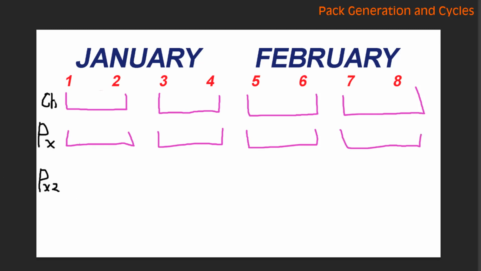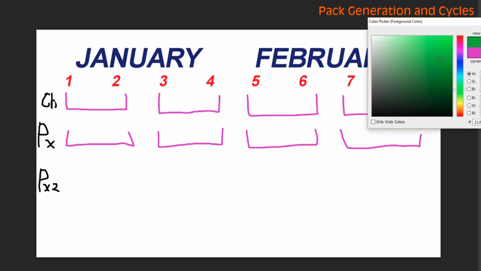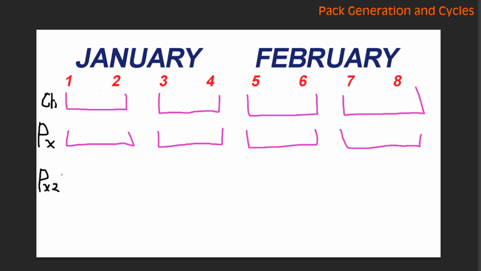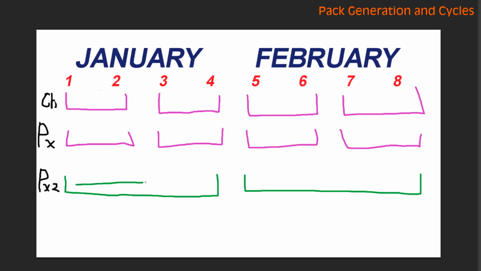Then you've got patient two. Now, patient two turns around and wants to pick up 4 weeks at a time. So they want to pick up all 4 weeks, which means for this specific patient, the chemist has got to make 4 weeks worth, not just the 2 weeks. So this patient will have to have more packs generated.